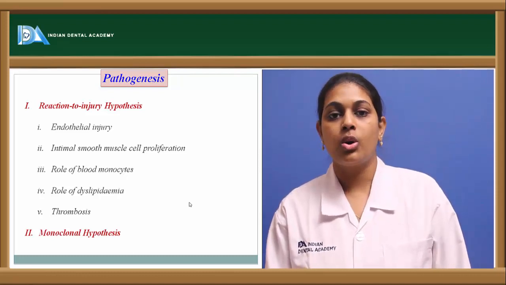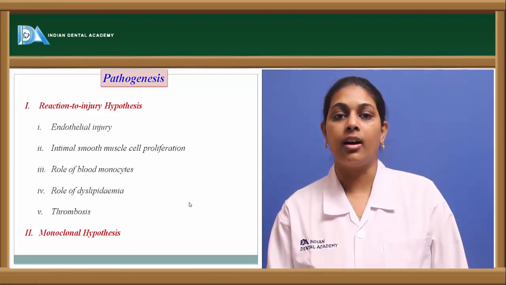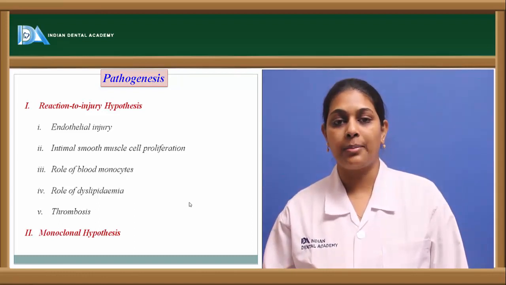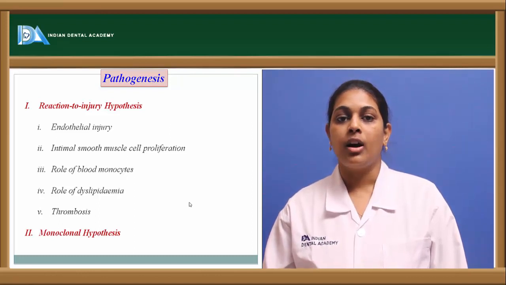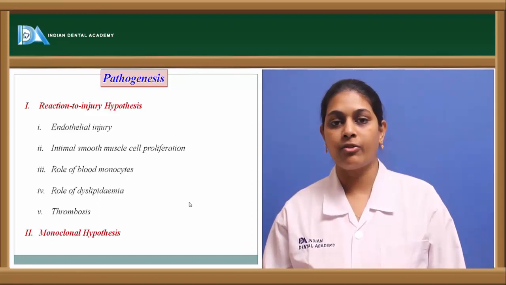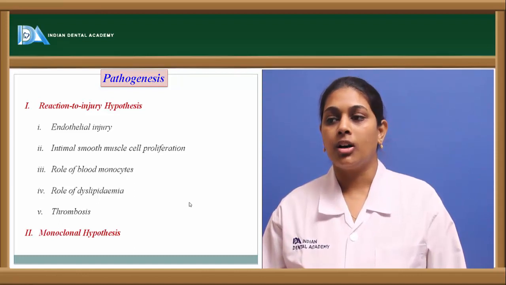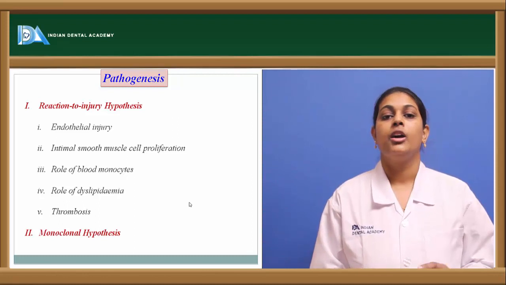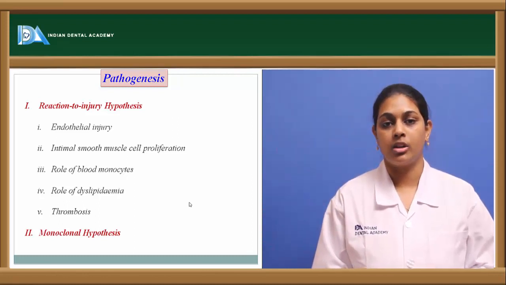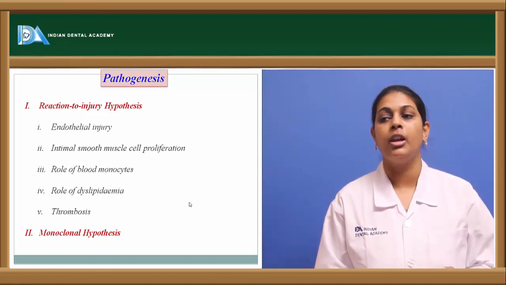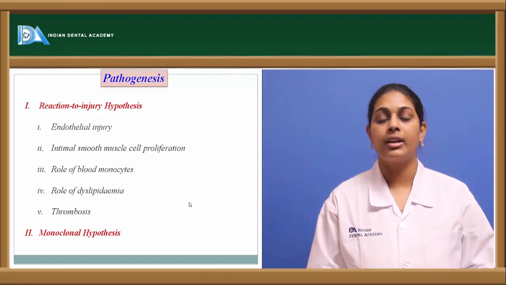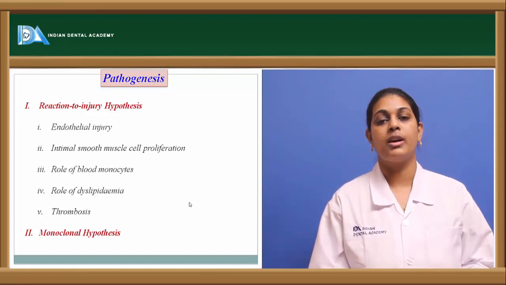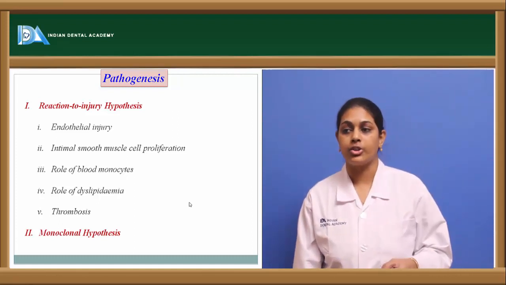Because of this, it was identified that the intimal smooth muscle might have caused the proliferation. Since only one isoenzyme is creating this proliferation in the atherosclerotic plaque, this could be the probable reason for naming it the monoclonal hypothesis, since this smooth muscle is of monoclonal origin.